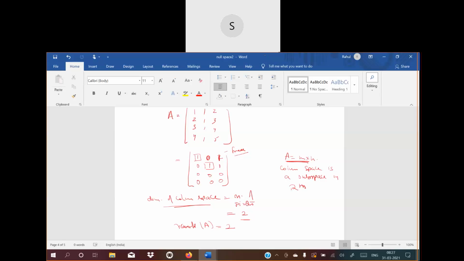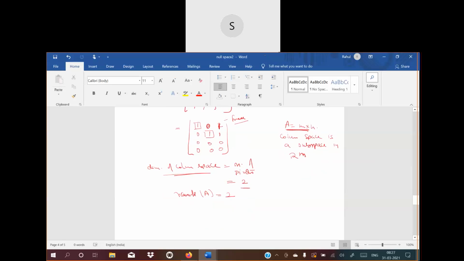Now when you come into null space, what we are saying is that now you have Ax equal to 0, and we are finding the solution for x. Now if I take the same matrix, my null space will be the solution space, which is the values of x.